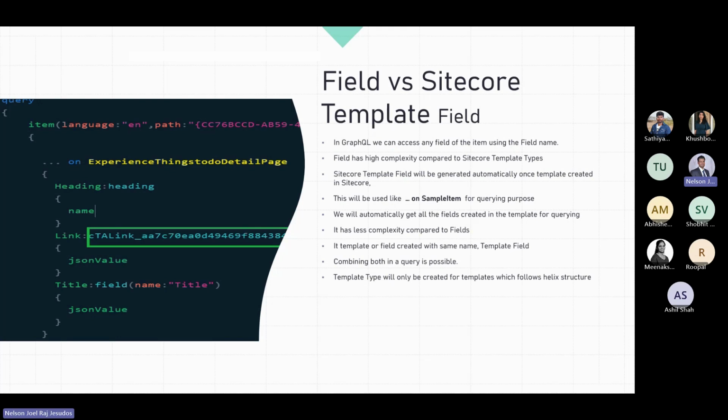Because of that, Sitecore creates a GUID based on the template name or field name, whichever is duplicate, to make a unique ID. It is based on the recent created date: the oldest one still has the same name. Say I created CTA link yesterday, that will still show CTA link only. One more CTA link I created today will show as CTA link with an underscore and this GUID, uniquely identifying it, so I can query this record without any issues.